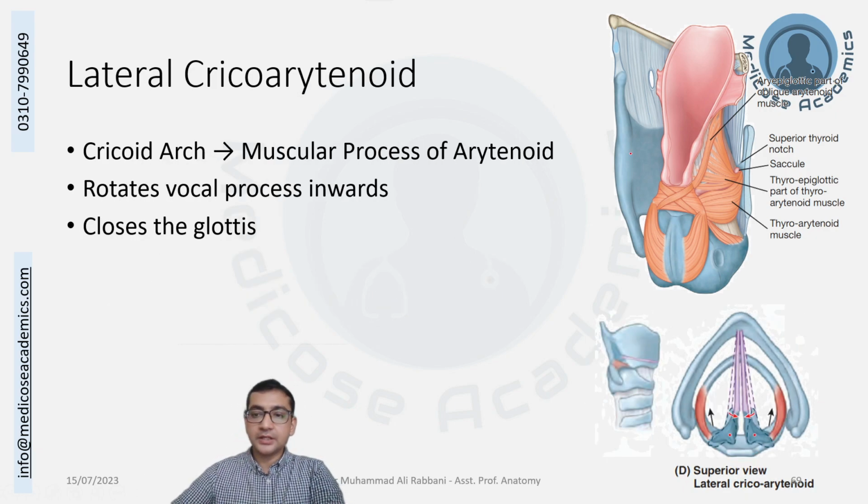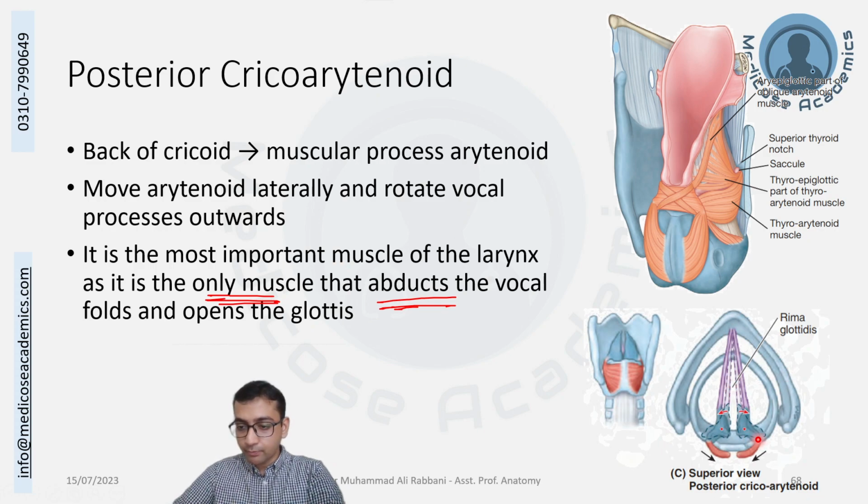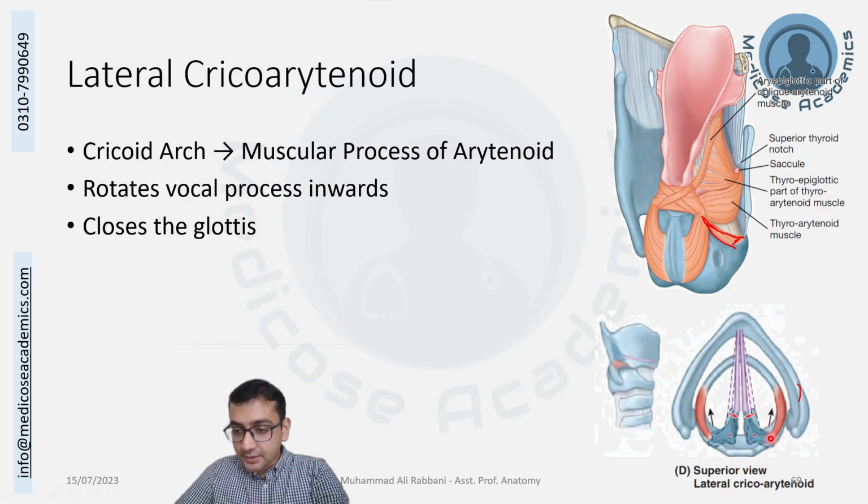Lateral cricoarytenoids are just doing the opposite. They are shown right here. They arise from the arch of the cricoid cartilage, and they insert on the muscular process. The previous muscle approached the muscular process from the back and pulled it back, so the vocal process moved laterally, abducting. This is exactly opposite.